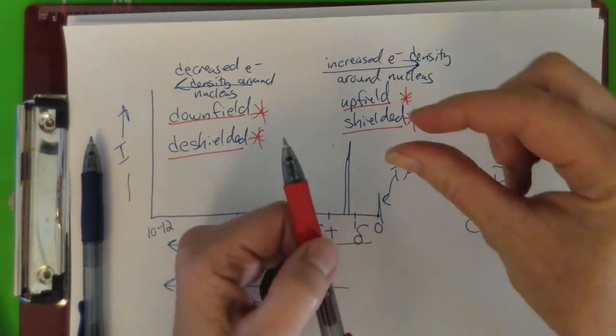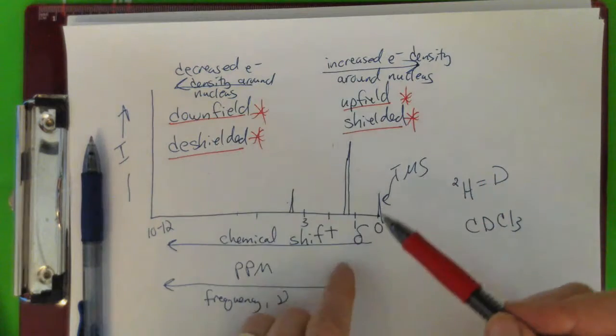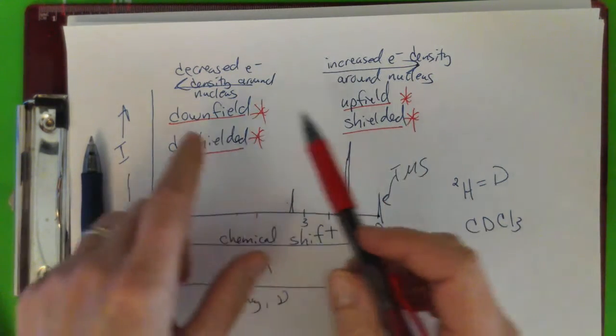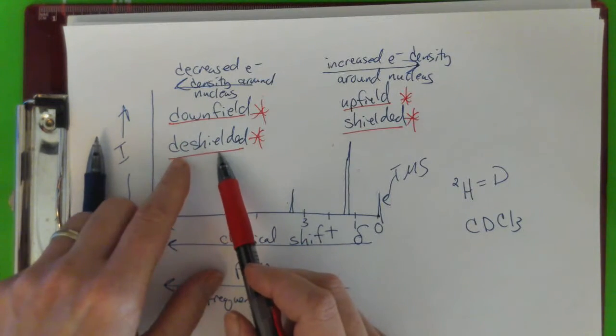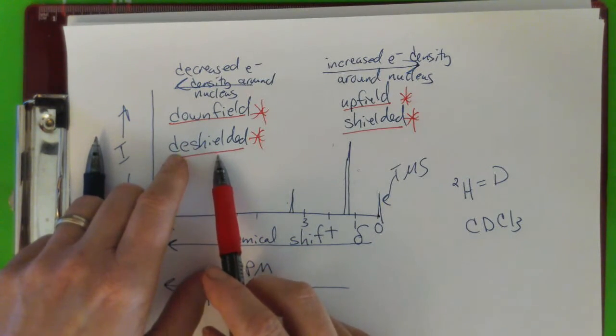And so their delta E is smaller, so they resonate at a lower frequency than those that are deshielded.